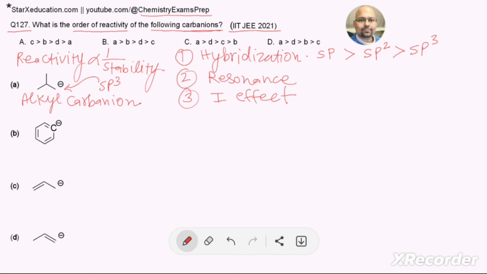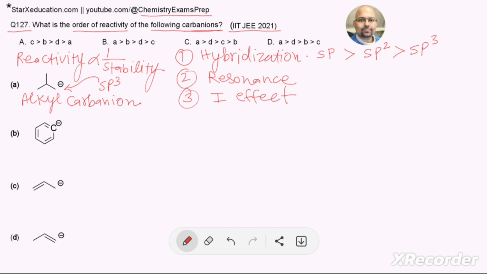So there is no possibility of resonance stabilization, and also the next carbon is also sp3 hybridized, so that would be the least stable, hence the most reactive species.